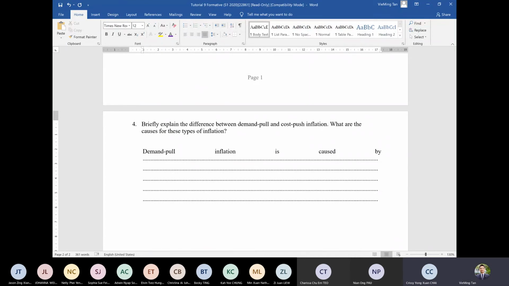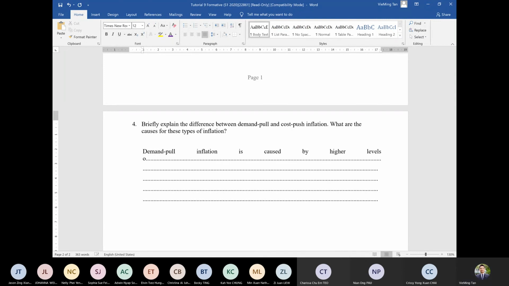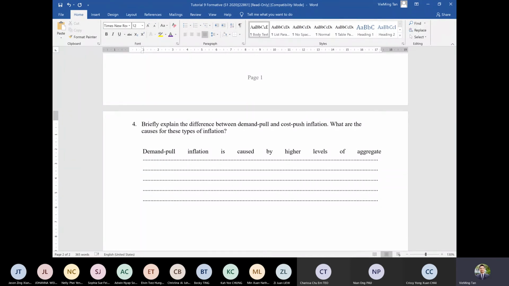Okay, it's caused by, can I say, a higher level of aggregate demand. Aggregate demand means the total demand for products and services in an economy. Yeah? Aggregate demand.